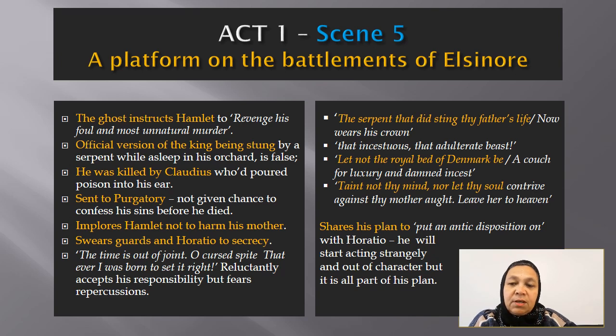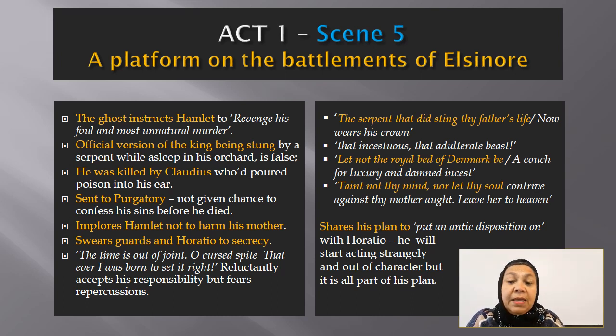So it seems as if the ghost thinks that Claudius will not be a very good king because he seems to be quite hedonistic and not very serious about his role as monarch. And then once again, the reference to the marriage as being an incestuous one, as was mentioned before.